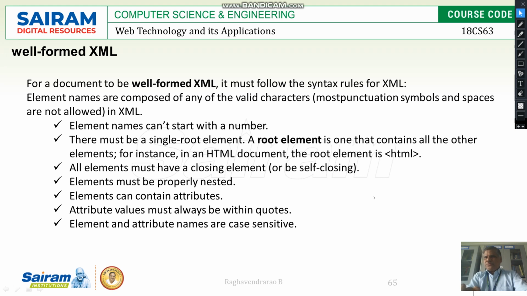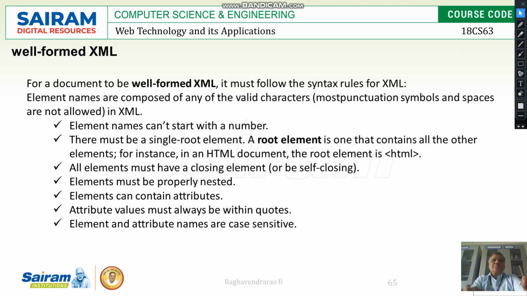Nesting we have already discussed. Once you start one element, and then start the next element after that, the second element should close first, and after that the first element should close. That is the nesting of the elements.